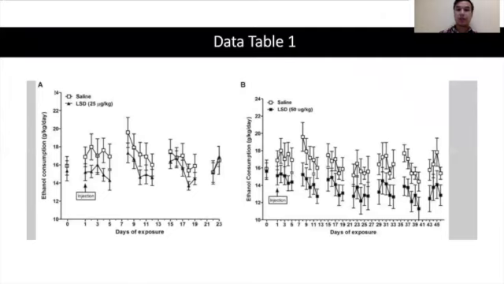So this is the first data table that we have. This is figure A and figure B. On the y-axis, you can clearly see it says ethanol consumption, and on the x-axis, it's the days of exposure. For all the graphs, the left graph represents mice with a single dosage of 25 micrograms of LSD, while the right represents the mice with single dosages of 50 micrograms of LSD.